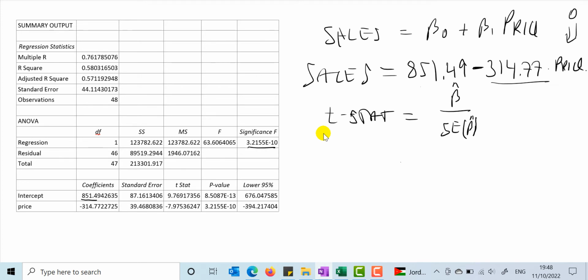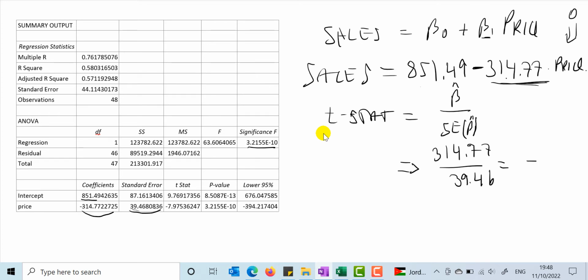Now the t-stat for beta 1 is then the beta 1 hat estimated value over the standard error of beta hat, which is given here. So that's given there. That's the standard error.